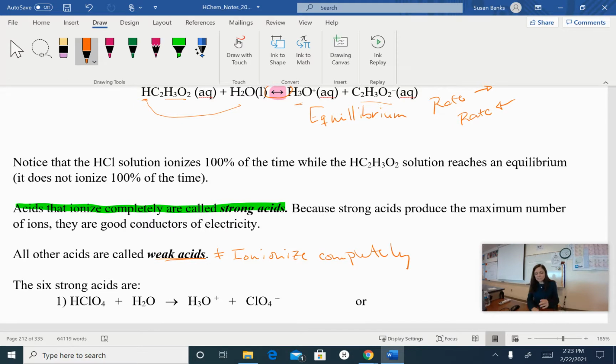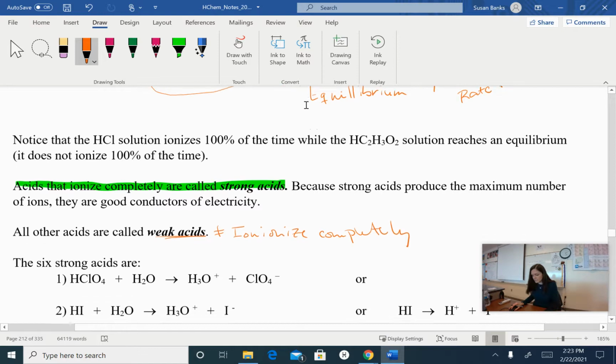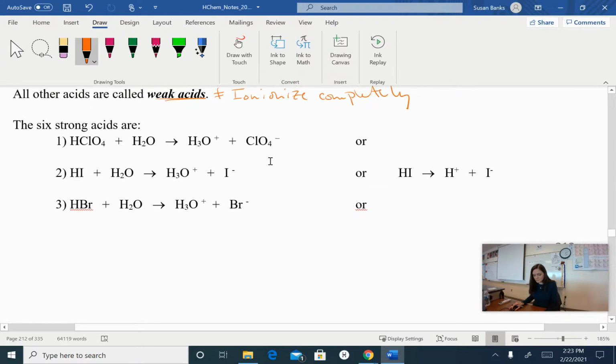So there are actually 7 strong acids. I have 6 listed here. I will add another here. So we have HClO4, which is perchloric acid. Okay, notice the hydrogen jumps on with the water to make hydronium, and then we have the perchlorate ion.